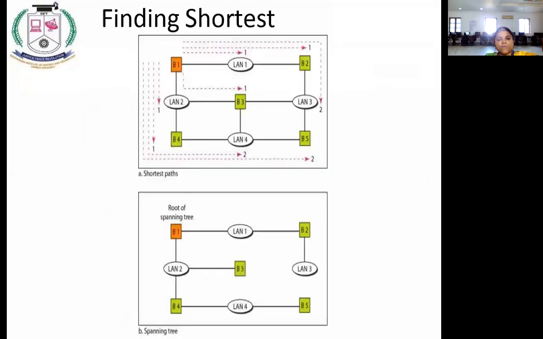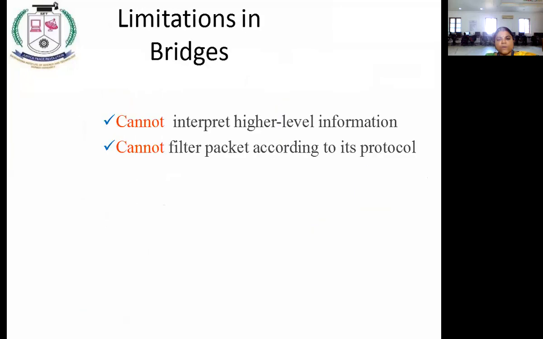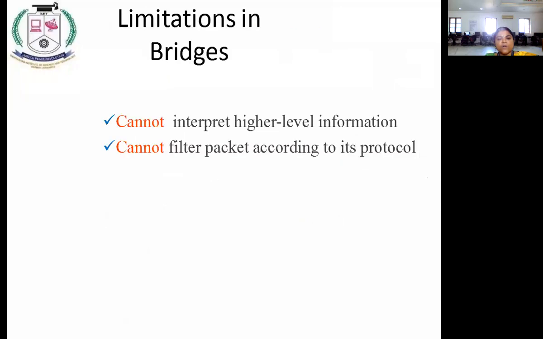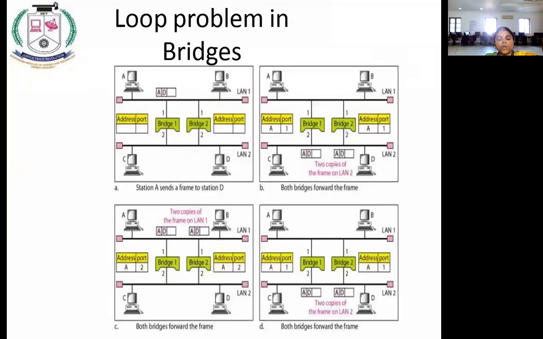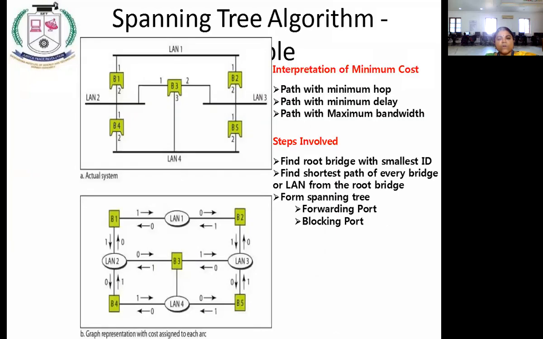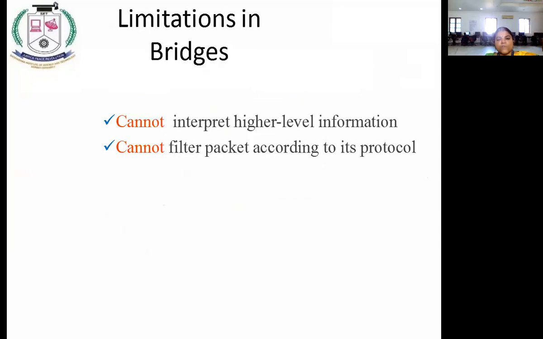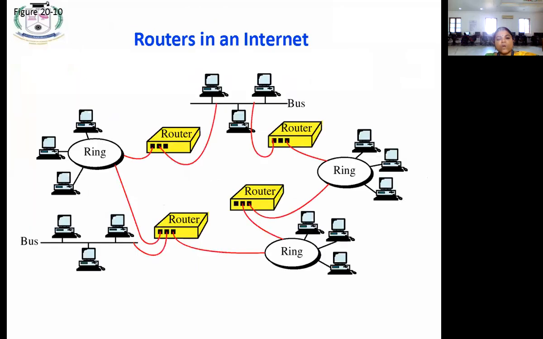Okay, with this I'm stopping. We will discuss the spanning tree algorithm to eliminate the disadvantage of this loop problem in bridges. Then we will move on to the disadvantage of bridges, how that is overcome in a router. We'll move on to routers and then gateway. With that, this topic will be over.